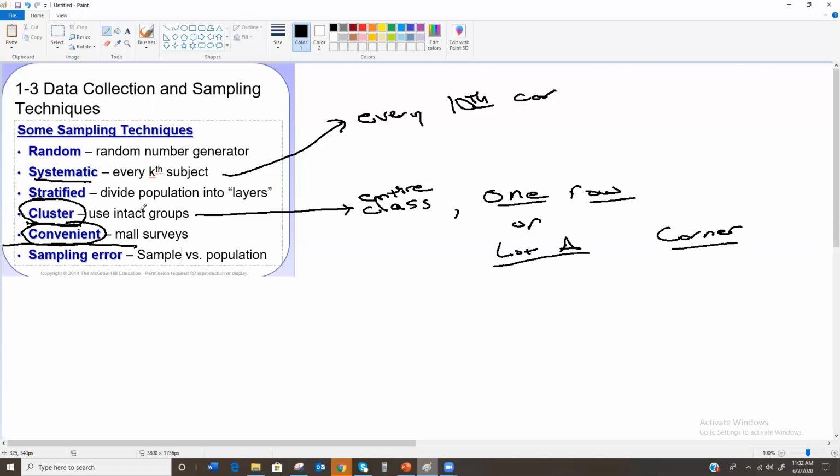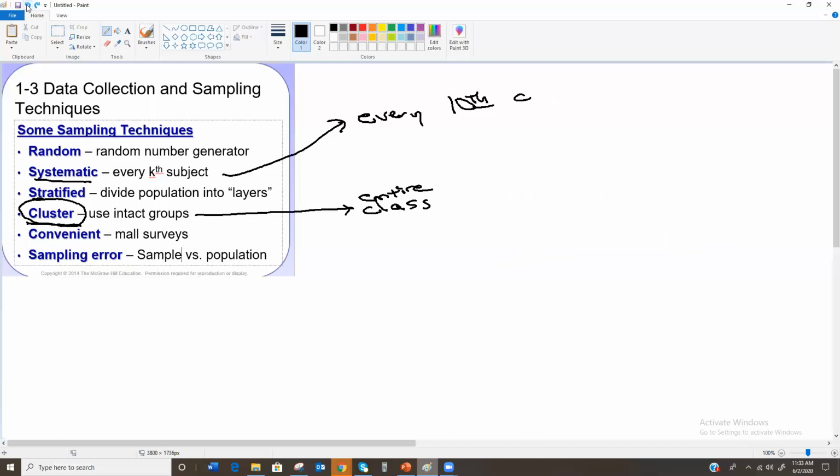Okay. So if there was an email sent out, would that be convenient? Like if it's an email survey? Yes, especially if you only have to answer it if you want to. So even if it's sent to an intact group, it'd still be considered a convenient sampling technique.